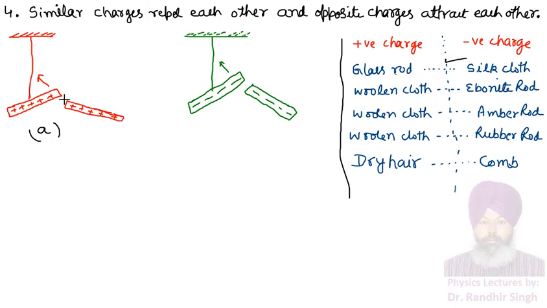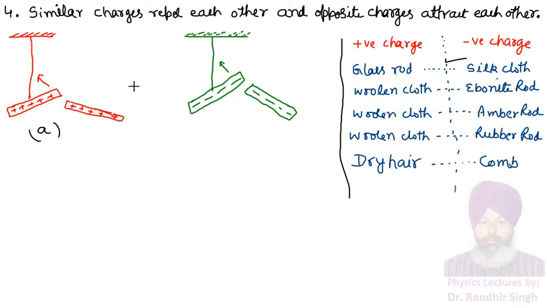When you bring this glass rod near one free end of the suspended rod, it will be observed that the free end of the suspended rod experiences a force away from the glass rod in your hand. This clearly indicates that there is a repulsion between the two rods. Since the two rods have the same charge, they repel each other.